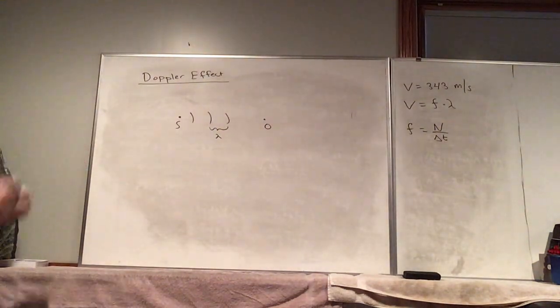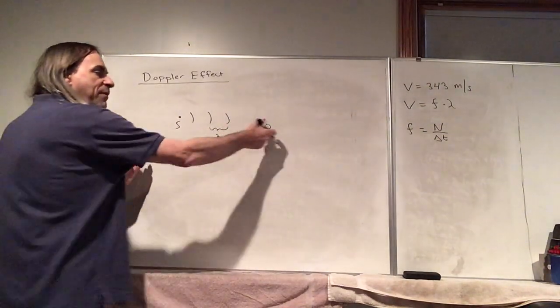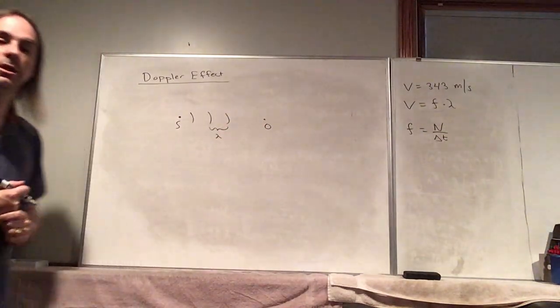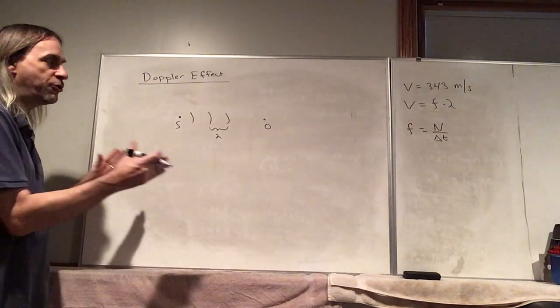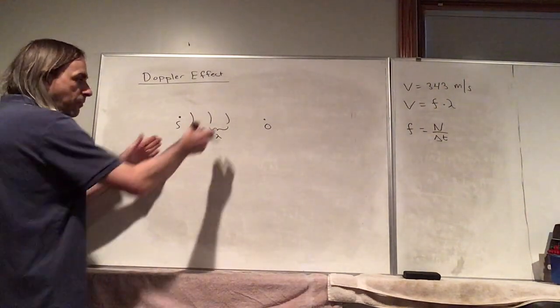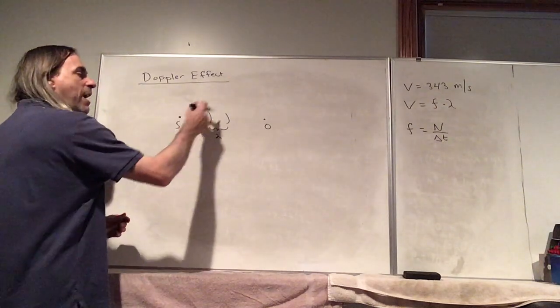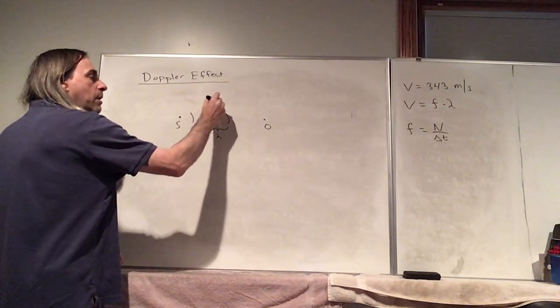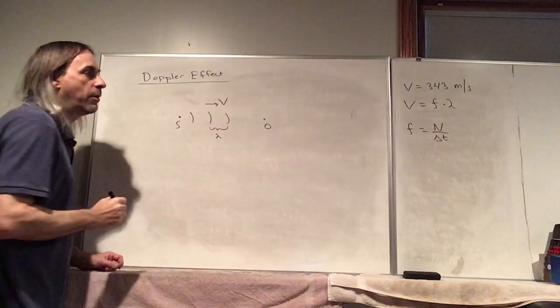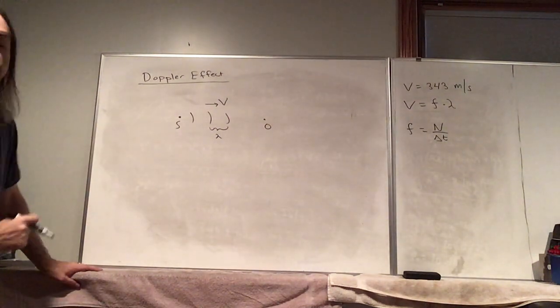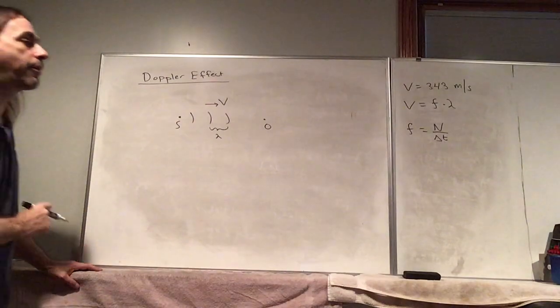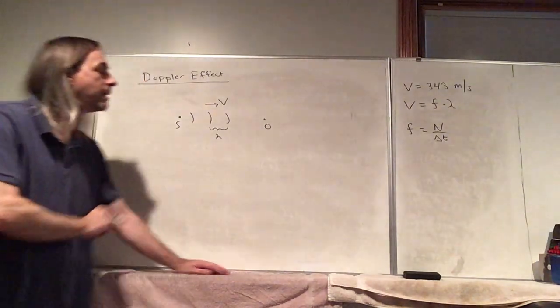However, what if the source is moving towards the observer? Or what if the observer is moving towards the source? If we look at a stationary observer, we can picture these wavefronts moving with a speed v, the speed of sound, which we're going to take as our standard value, 343 meters per second.